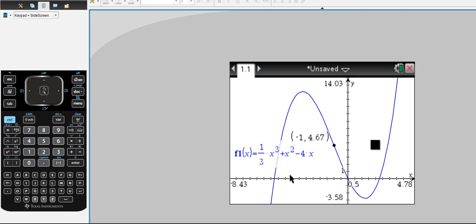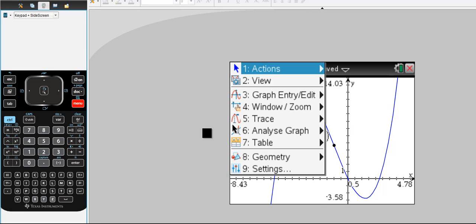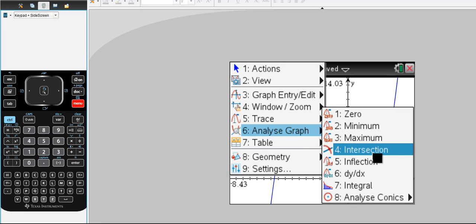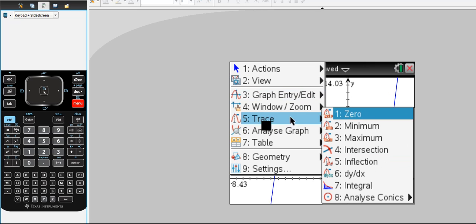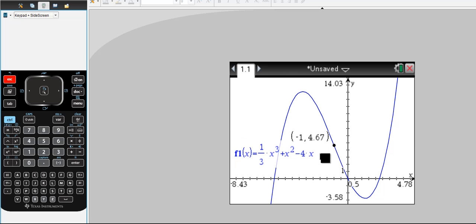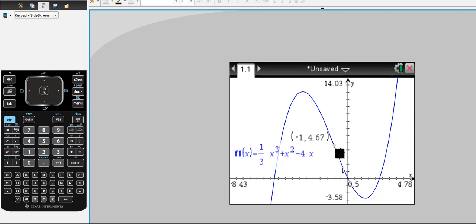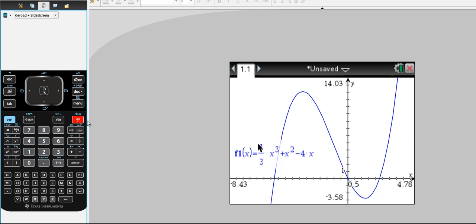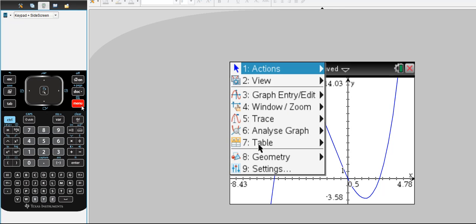And it's very easy to find that. Just go to menu, analyze graph, inflection. But you have to know what you're looking for. Let's see if we can delete this point and do it again. Let's say we can't remember what an inflection point is.